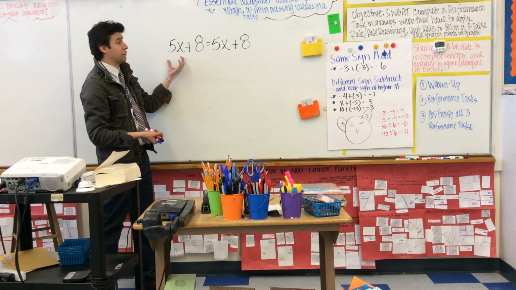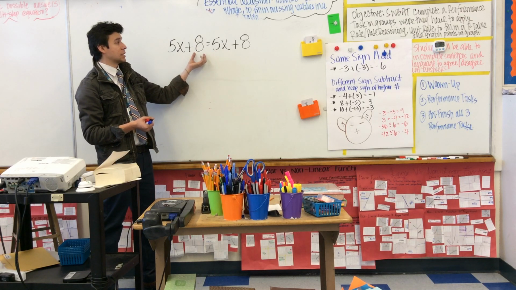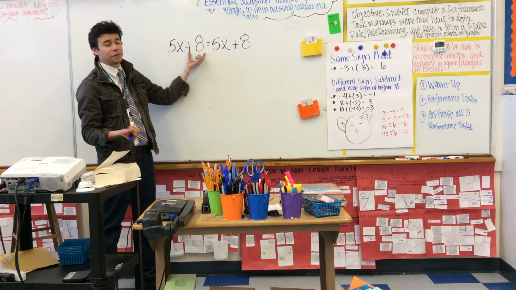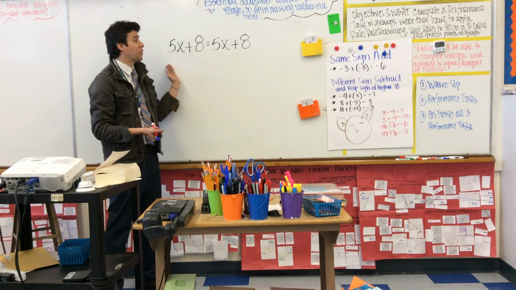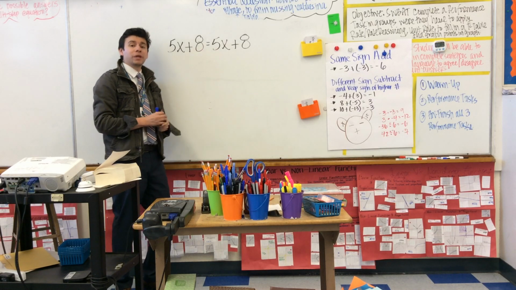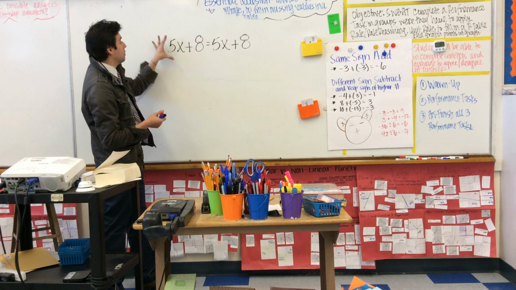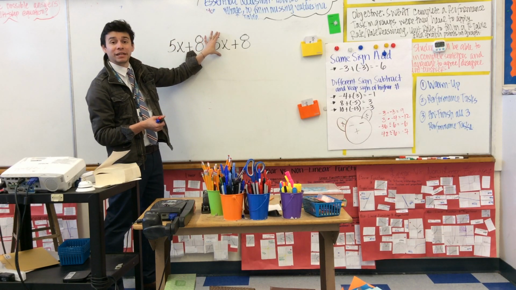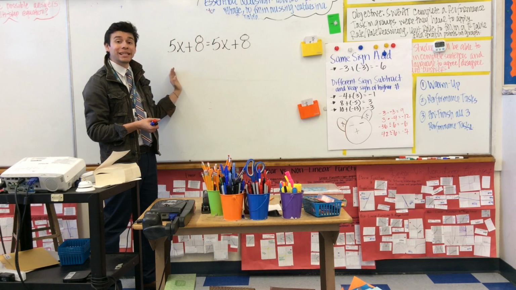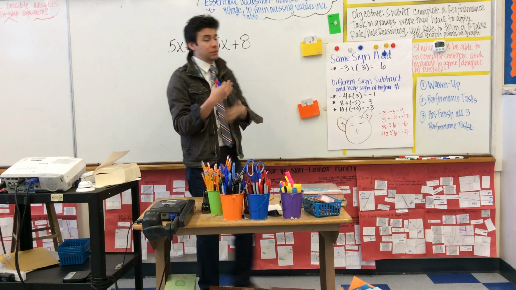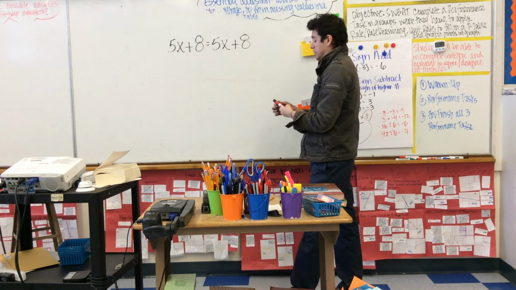So 5x and 5x. And then it's the same number here too, which we call the constants, 8 and 8. They're identical. When we get this case, I call it, oh, this is your twins. You have identical twins because you have a 5x and a 5x. Every time you have twins, you're going to have a special case. And you're going to see what one of these special cases are.